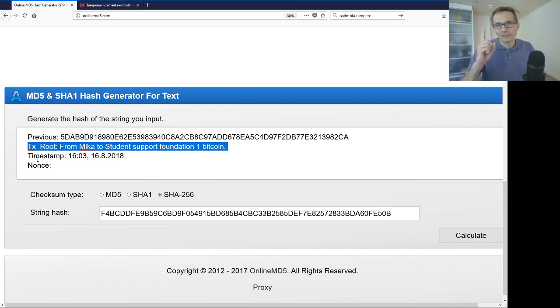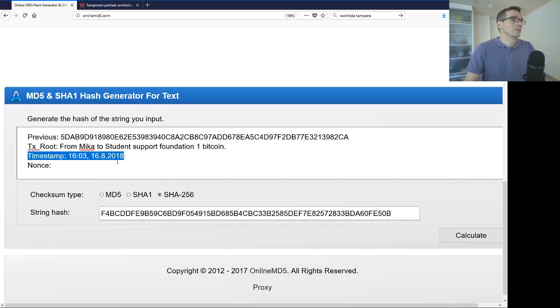So this is our one transaction. It is from Mika, that is me, to a student super foundation, and its amount is 1 Bitcoin. Then we have the timestamp, which is 1604, on the 16th of August 2018. This is when I'm creating this video.